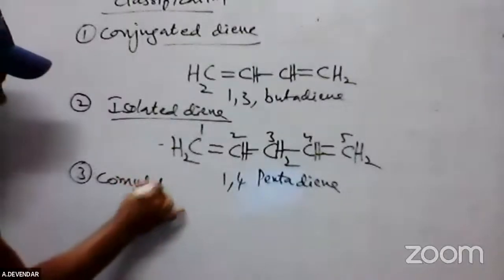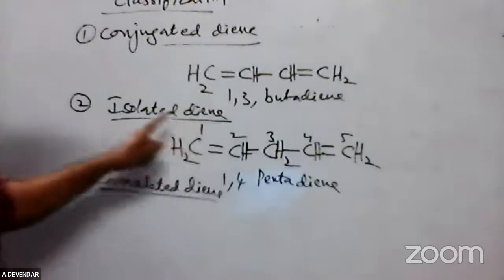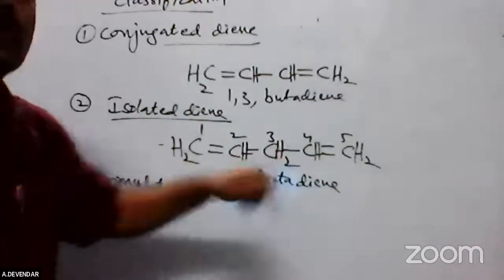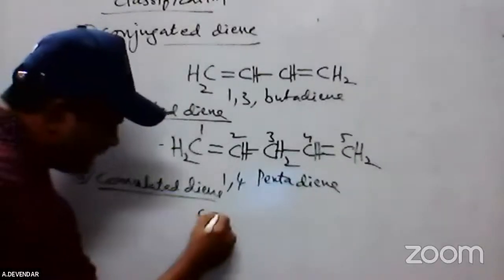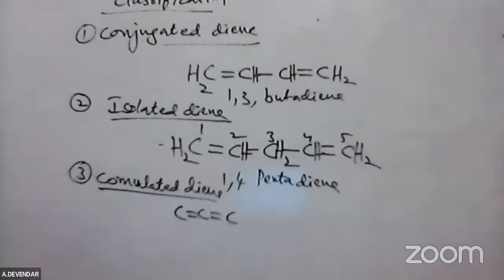Third is cumulated diene. See, friends, conjugated means the double bonds are separated by one single bond. Isolated means the double bonds are separated by more than one single bond. Cumulated means the double bonds are present on the same carbon atom. This is a cumulated diene.